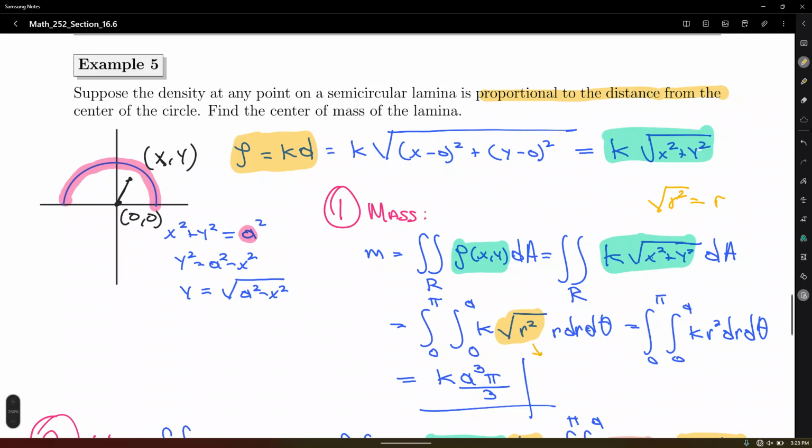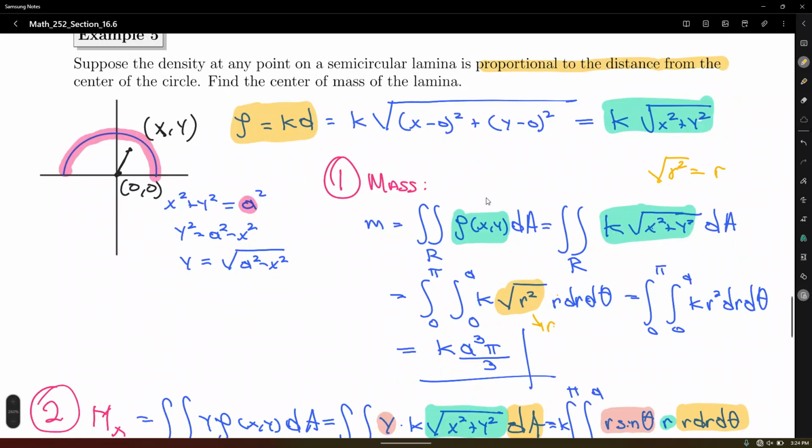So this r times this r becomes r squared. Integrating with respect to r from 0 to a, and then with respect to theta from 0 to pi, gives us this expression where k is the constant of proportionality given by the density function, related to the material the planar lamina is made of, and a is the radius of the semicircular region.